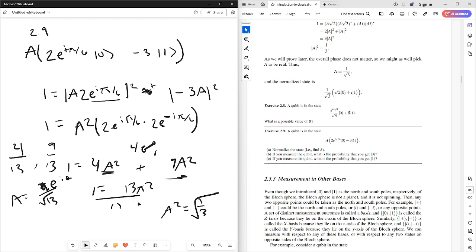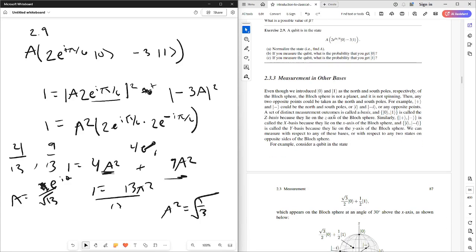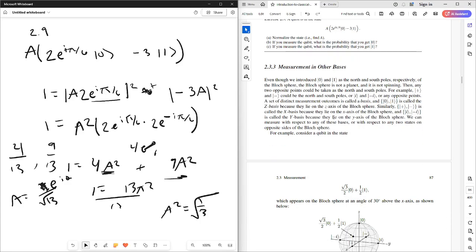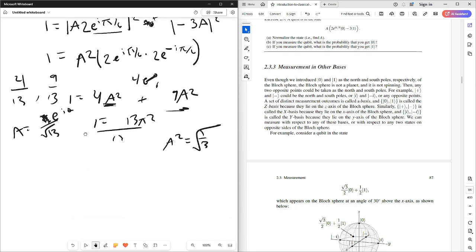All right, let's jump back in here. So we can measure in many different bases, right? If this thing will actually let me move it this time without drawing some lines for some reason. Wow, look at that.